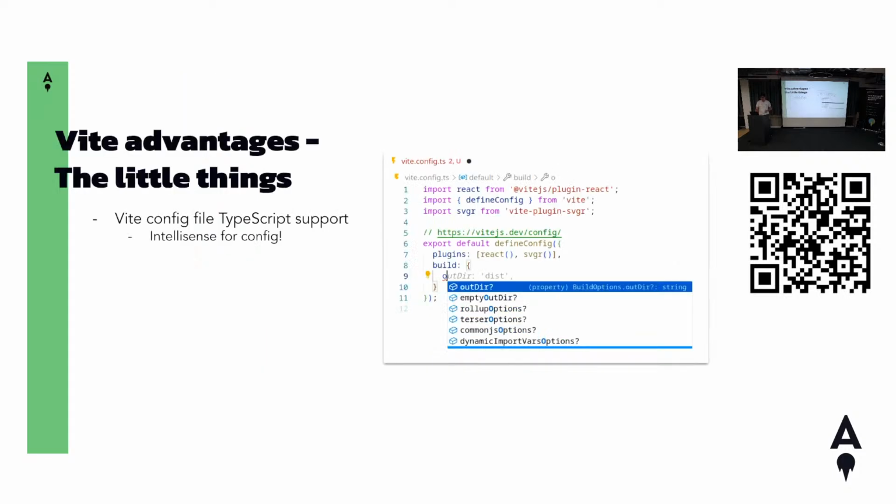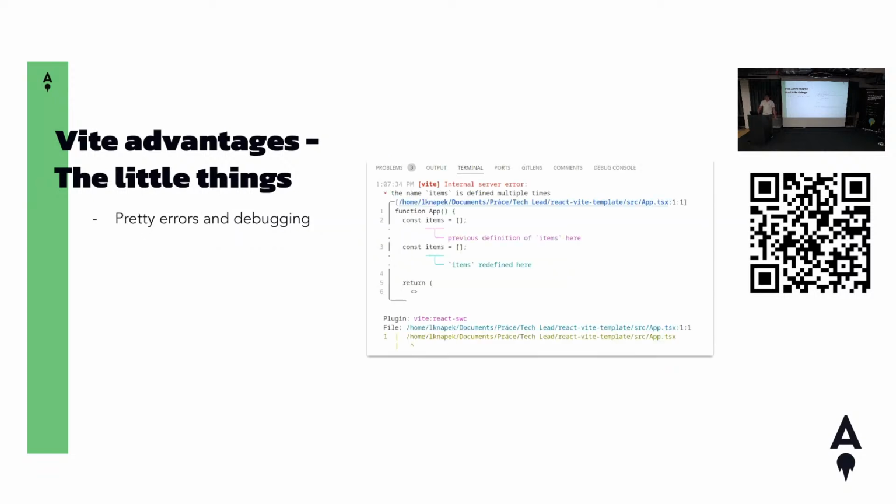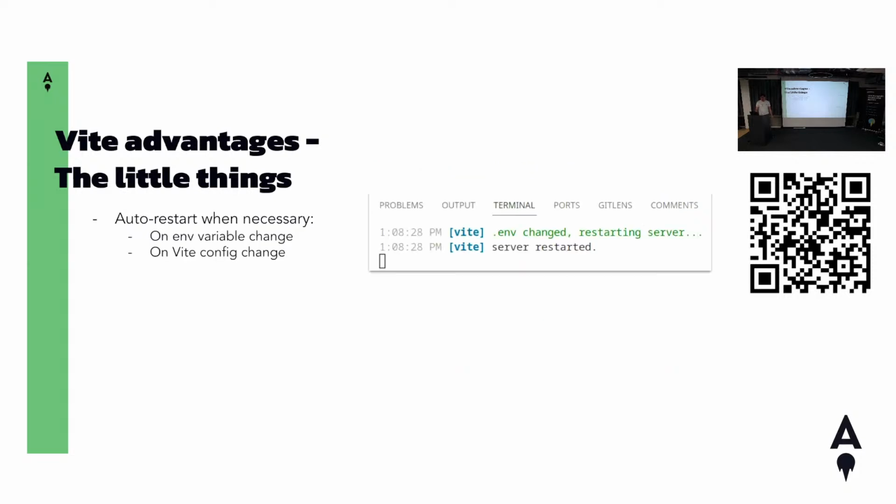All right. So what else does Vite do? Well, there's a bunch of little things, right? Like it has first-class support for TypeScript, even for config files. So you get type checking, you get IntelliSense. What else? It has very pretty errors and debugging, which is really useful. And it also auto-detects environment variable changes or changes of the config and just kind of restarts itself.